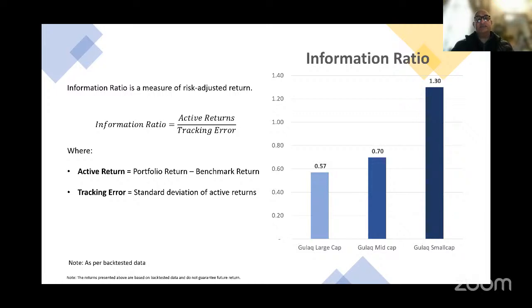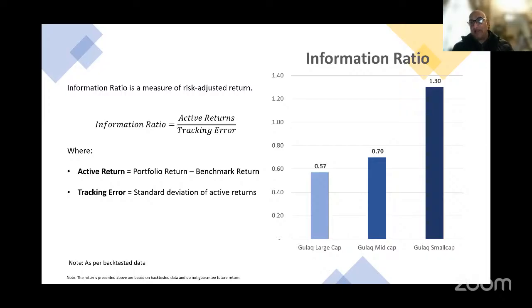Now, what is the information ratio? This is an indication of how much extra return you are getting for the amount of risk you are taking. So large cap, there is relatively less, even though the risk overall is lower, but the alpha, the ability to produce good returns, is also less. So the information ratio is only about 0.57.